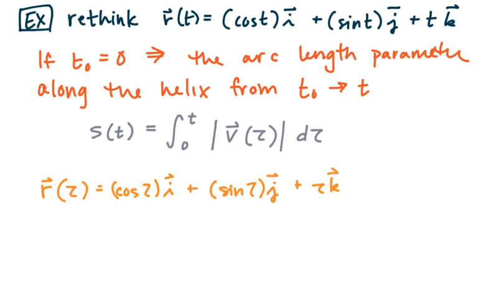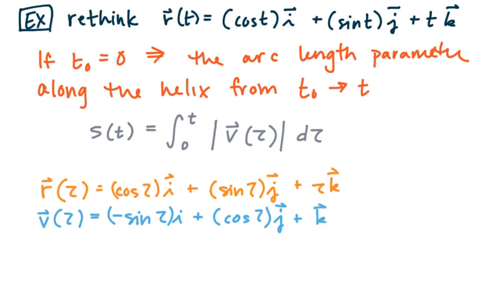And we take the derivative of that, which gives us velocity, so v of tau equals negative sine of tau i plus cosine tau j plus 1k. So all I've done was replace my t with tau. We know what the magnitude of this vector is because it's the same. The magnitude of the velocity vector is going to be root 2.